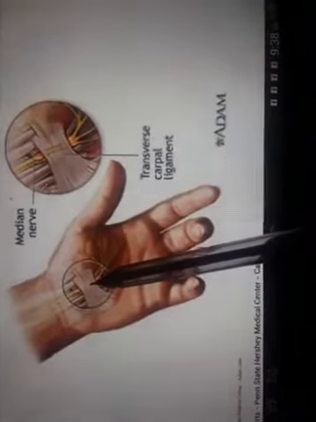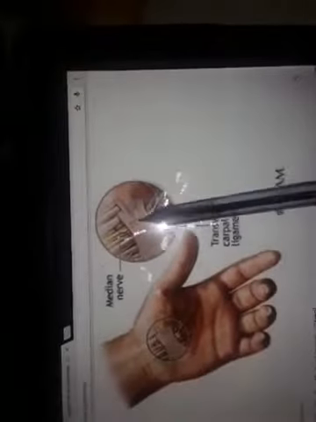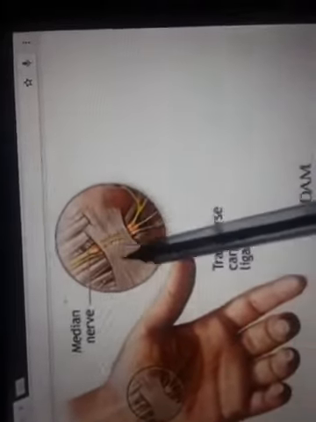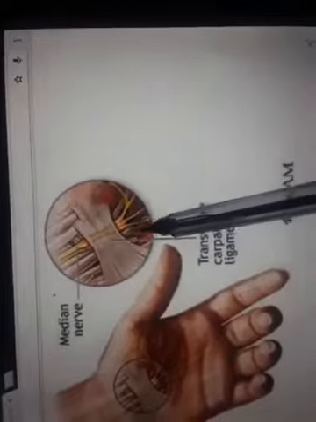So this is the transverse carpal ligament. It covers the wrist, so you can see it, and protects the structures inside. And this is a very good presentation. So you see this structure called the transverse carpal ligament. It covers the structures in the wrist.